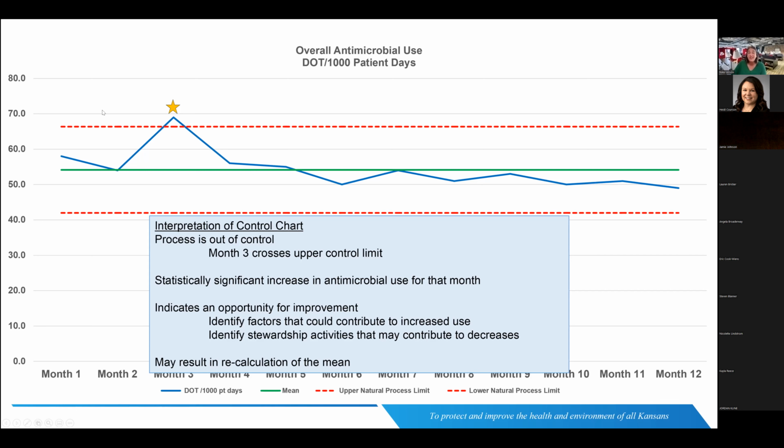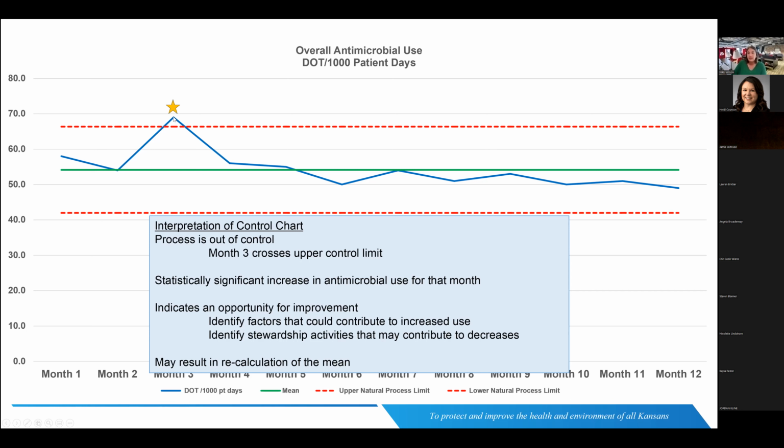All it does is provide a visual signal that something happened in month 3, and it potentially could be impacting our mean. Did we hire, I don't know, a new surgeon who decided they wanted to use 48 hours of post-op antibiotics? Did we have patients who stayed longer and needed a higher number of antibiotics?